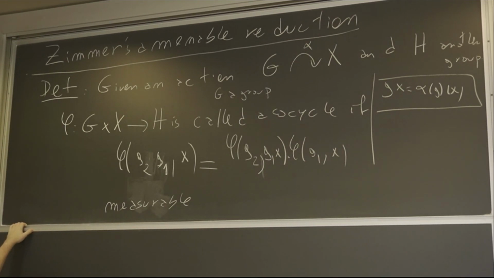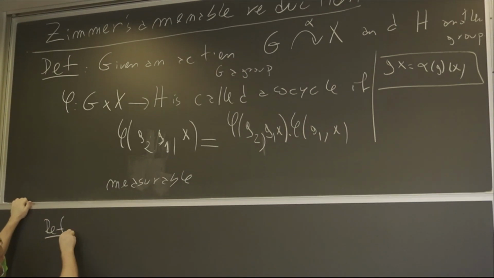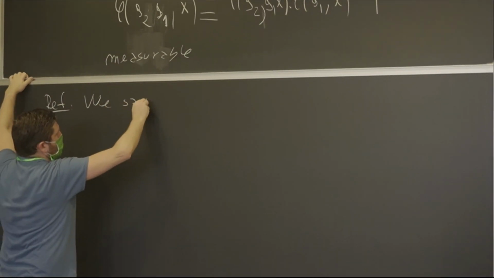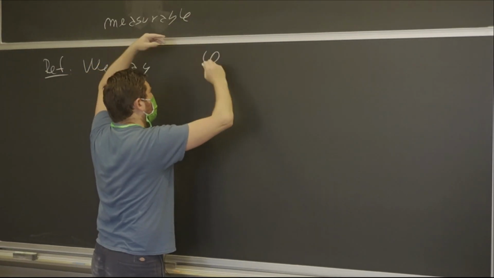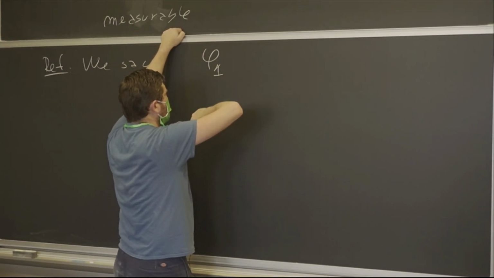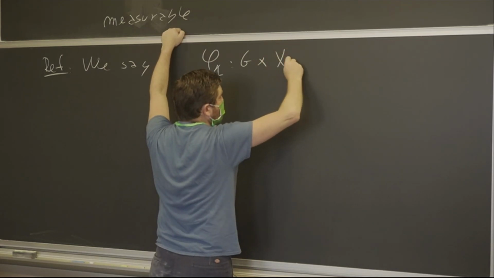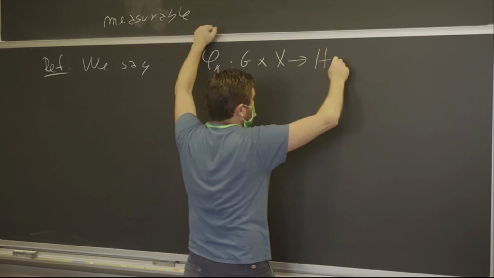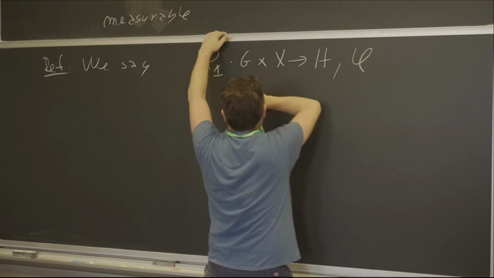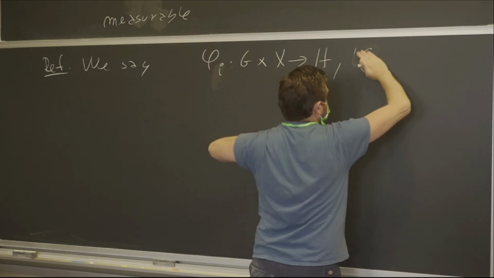Okay, so then when are two cocycles cohomologous? There is even one more general type of notion, but I don't want to go so general because one can split in different notions. Take phi i, for i equals 1 and 2.